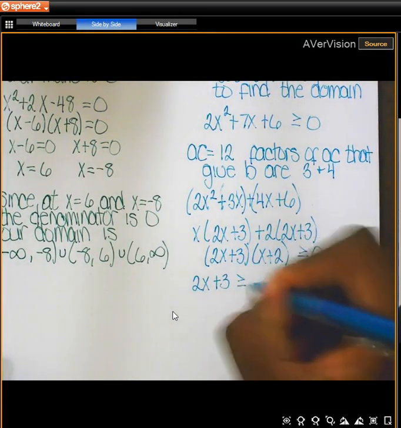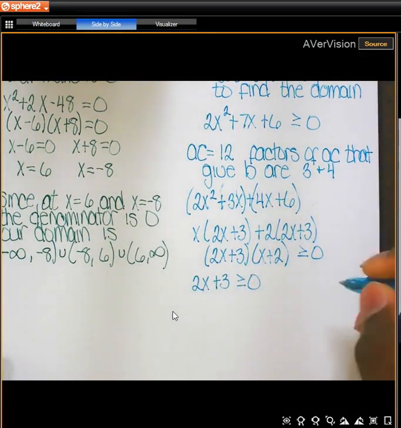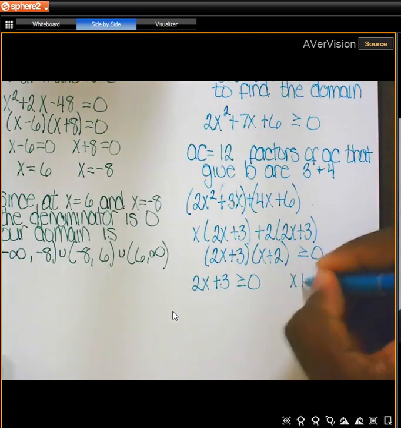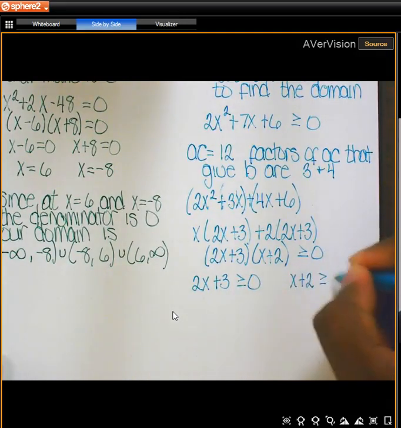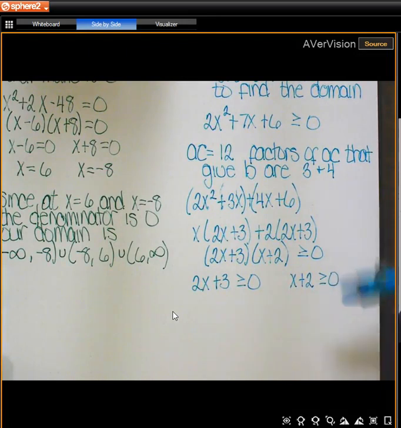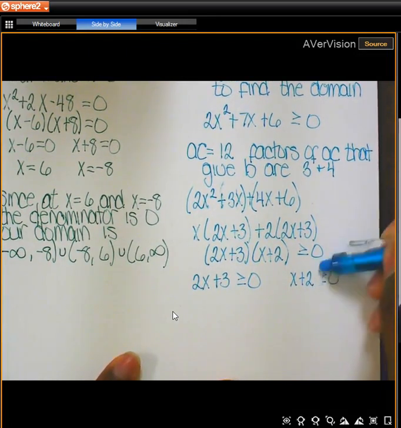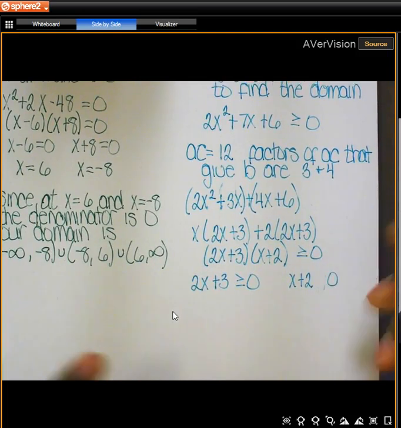So this time it's not just equal. For inequalities, you have to flip the sign on one of them.